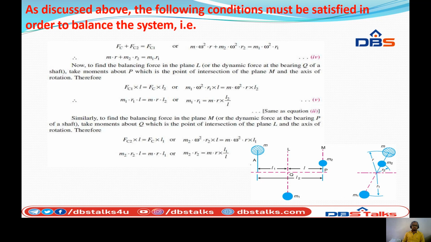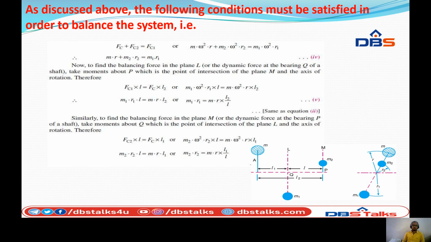Now to find the balancing force in the plane L, or the dynamic force at the bearing Q of the shaft, take moments about P, which is the point of intersection of the plane M and the axis of rotation. With that, Fc1 into L is equal to Fc into L2, or m1 omega square r1 into L is equal to m omega square r into L2.